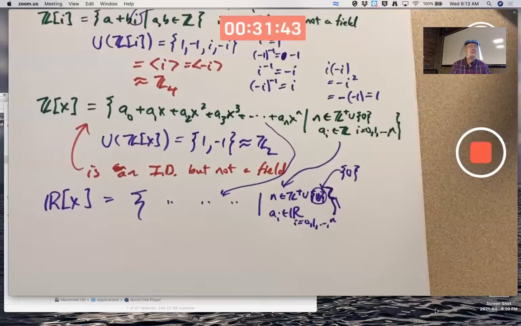What are the units in that ring? That commutative ring with unity. 1 is still in there, the constant polynomial 1. Still, if you think about it, if the degree is 1 or greater, you can't have an inverse.